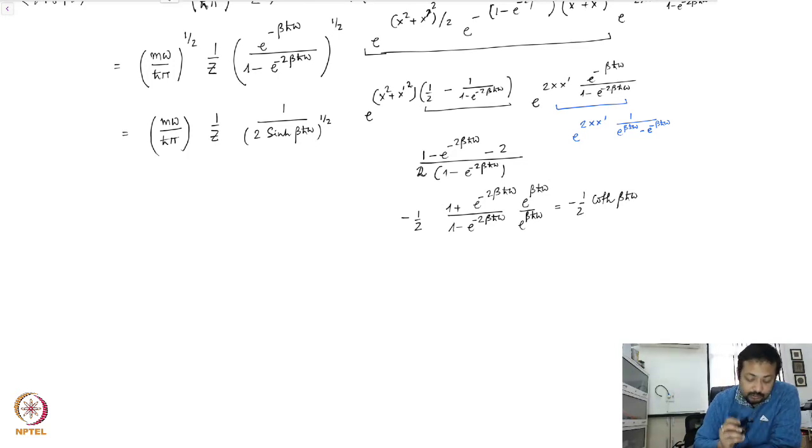The goal is now, well, we can write down x square plus x prime square as (x plus x prime) whole square minus 2x prime, and we also note that (x plus x prime) whole square minus (x minus x prime) whole square is going to be 4x x prime.